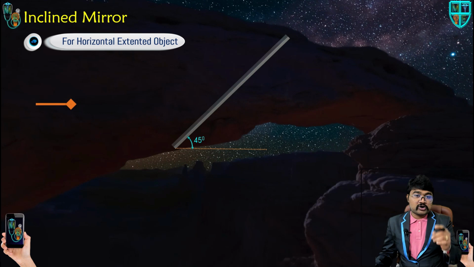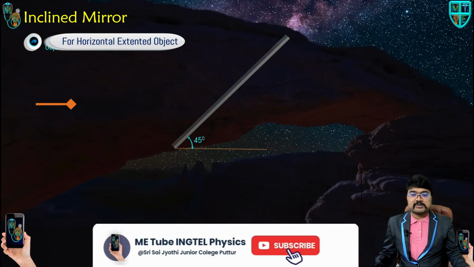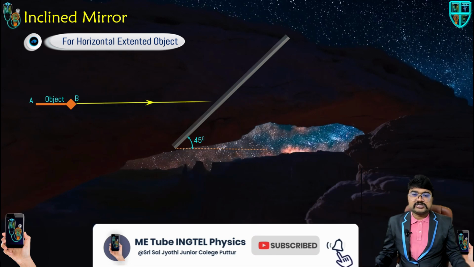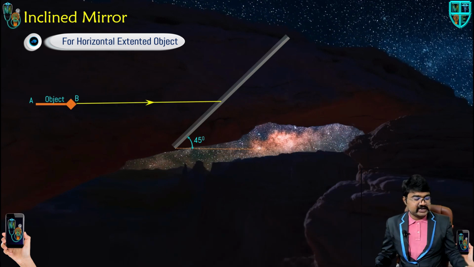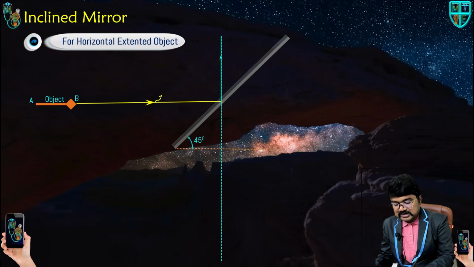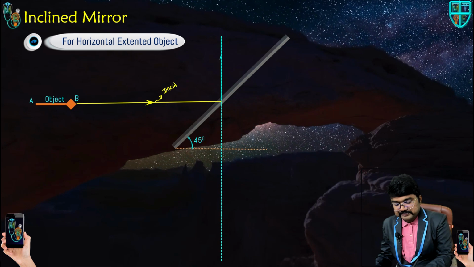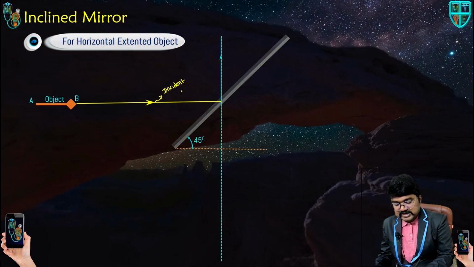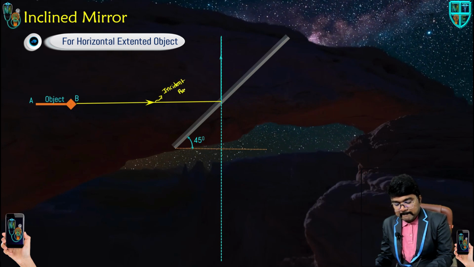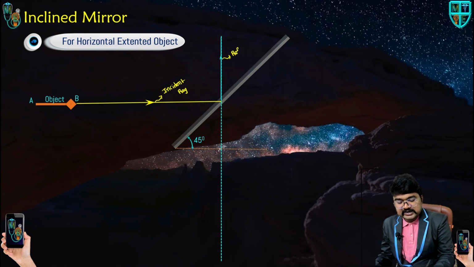We need to draw normals to the mirror, from A and B. So here this is the incident ray and this is the reflected ray.